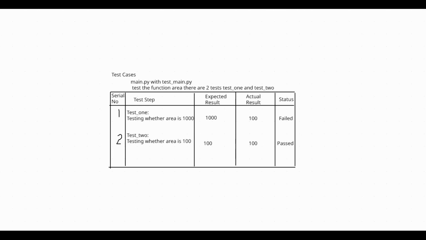So the test step and test expected result are to be filled up by the developer as the unit test. Okay. So he knows what is written, the code. And the tester is going to write some unit test.